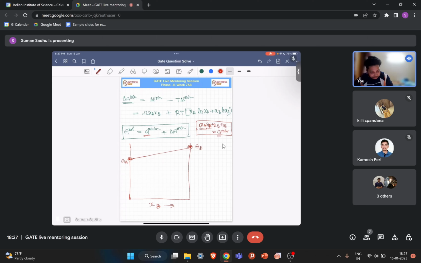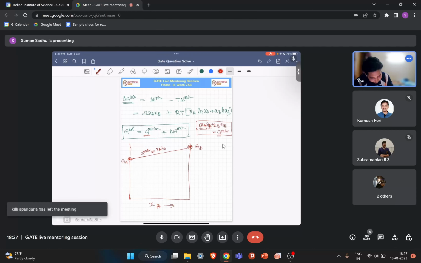So this line corresponds to your G of mixture. But you have one more term, that is delta G mix. So delta G mix also consists of two terms. One is delta H mix, another one is T into delta S mix.